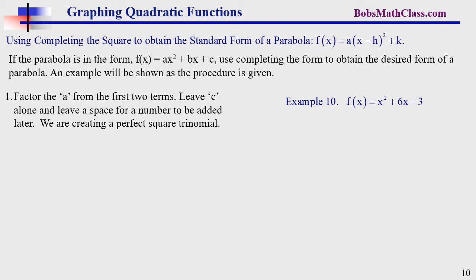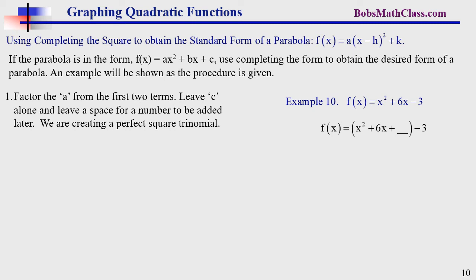So just kind of move the -3 over. Previously we added 3 to both sides, but we don't want to say f of x plus 3. So all we did now is put parentheses around the x squared plus 6x, leave a space, and leave the -3 outside the parentheses.